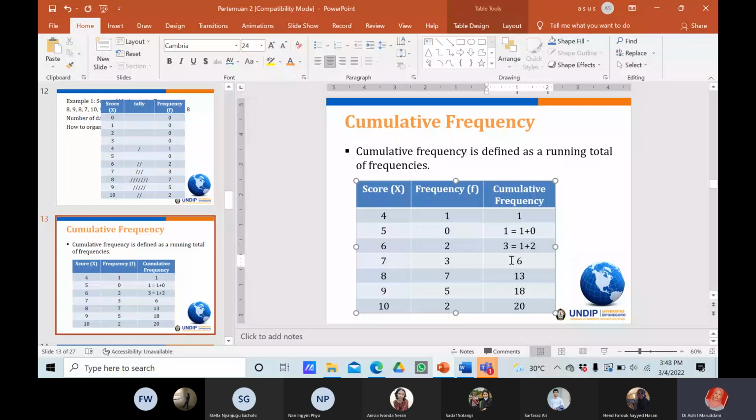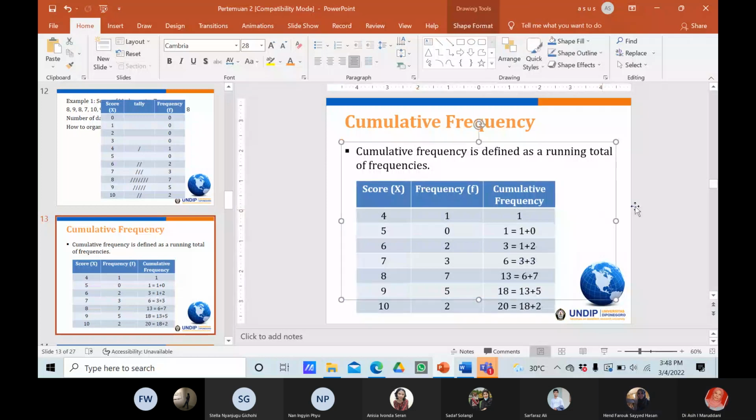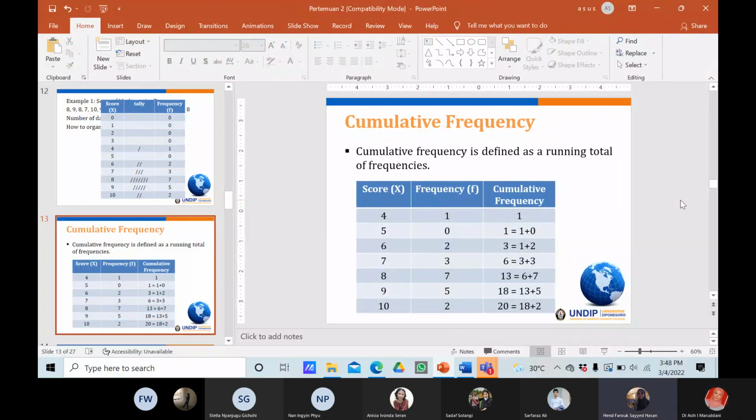And we can calculate the rest of the rows. 6 comes from 3 plus 3. 13 comes from 6 plus 7. 18 comes from 13 plus 5. And the last one, 20, comes from 18 plus 2. Yes, very clear.